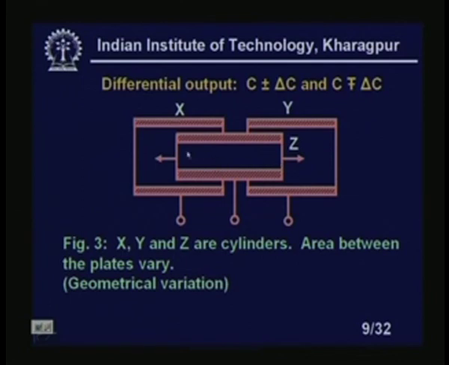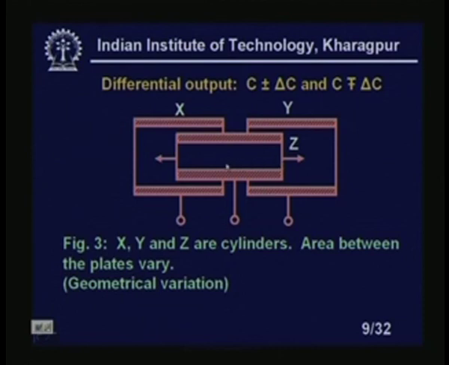The area between this plate and this plate will increase, and the area between this plate and that plate will decrease, right. Now, if it is exactly in the geometric mean position, then the capacitance between X and Z and the capacitance between Z and Y should be exactly identical.